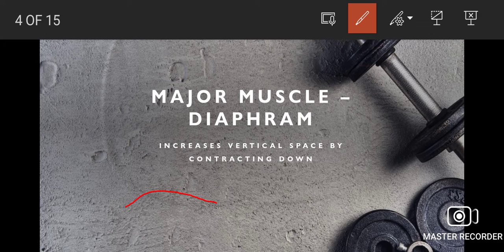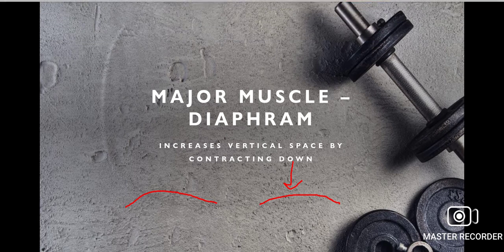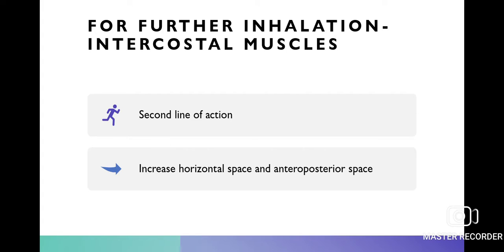It is present just below the chest cavity, and when it goes down it increases the space of the chest cavity. By contracting down, it takes a lot of air inside the lungs.